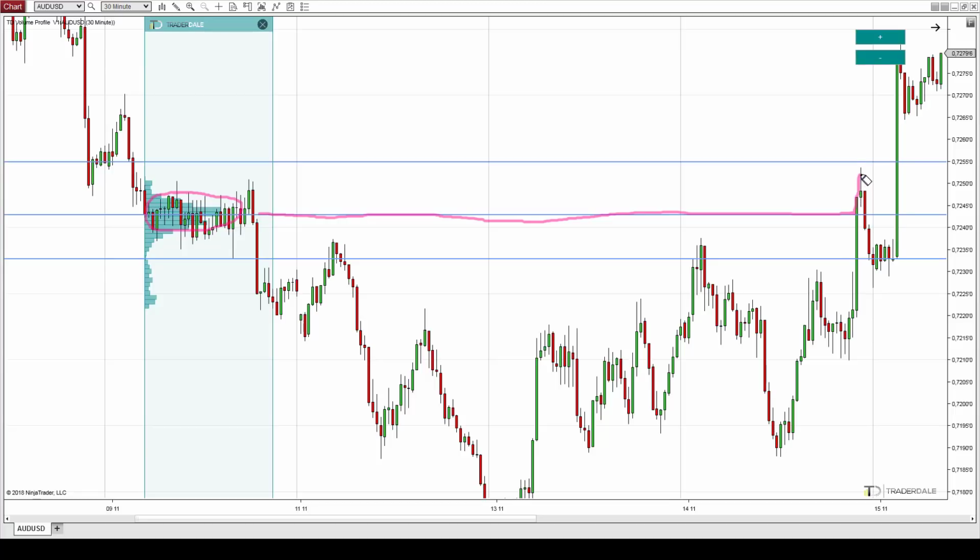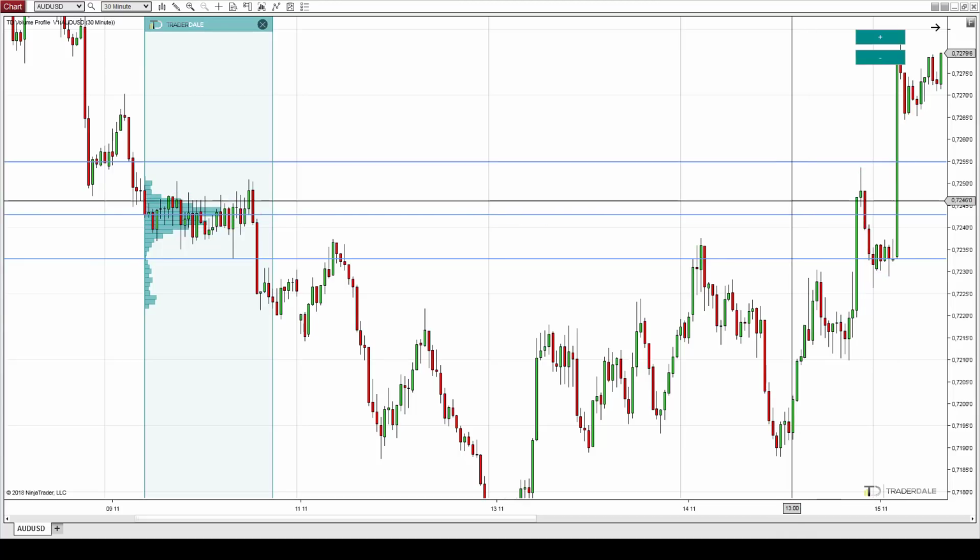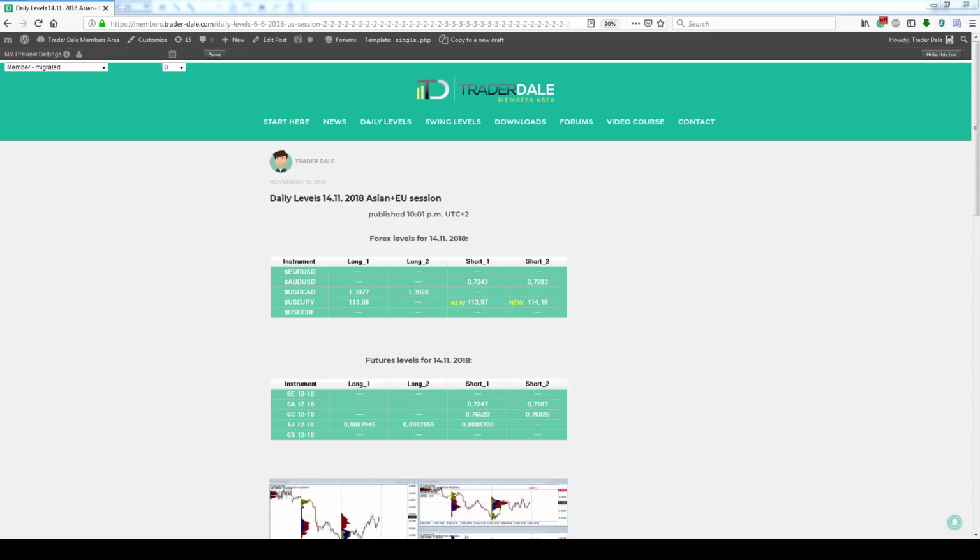It shot a little bit past it, but turned before the stop loss got hit. This was the stop loss level, and it turned and it went into full profit target, which was right there. Right, so this was the Australian dollar US dollar short from 72.43.